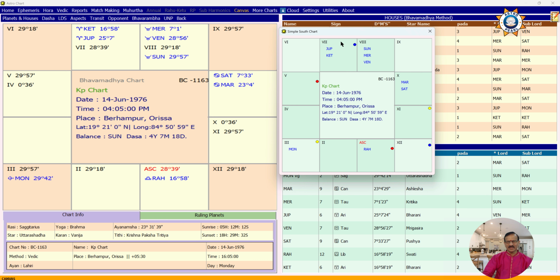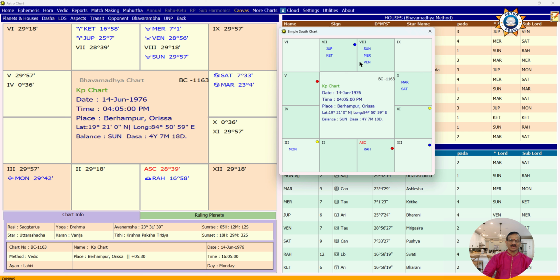Like here, Aries will fall here, so it is never shown separately. Aries is here, Taurus is here, and this is a clockwise system: Aries, Taurus, then Gemini, then Cancer, Leo, etc. This goes on up to the last sign, which is Pisces.